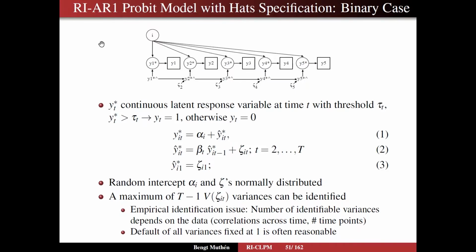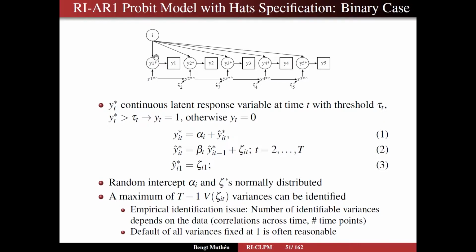So on slide 51, I show once again the RI-ARI Probit model using the HAT specification, the residual specification. So we have the continuous random intercept variable here influencing y star at all time points, with loadings fixed at 1.